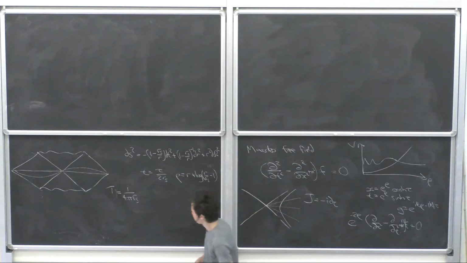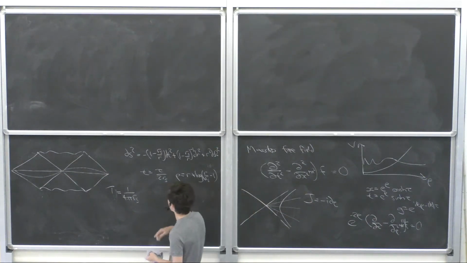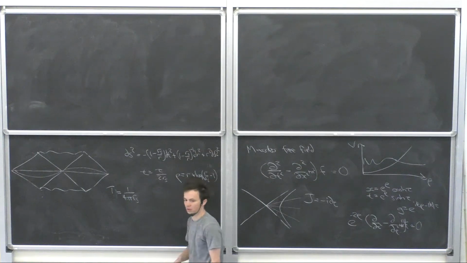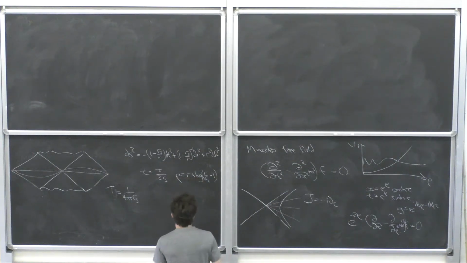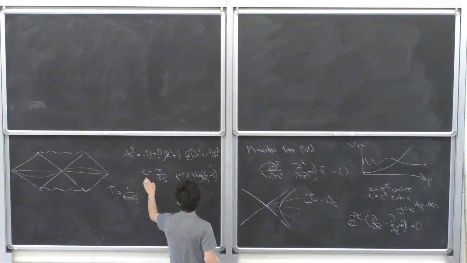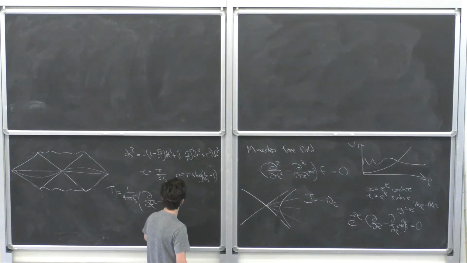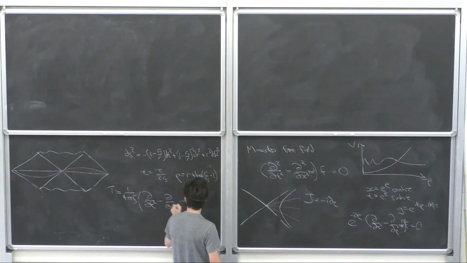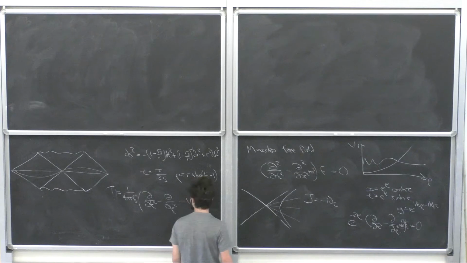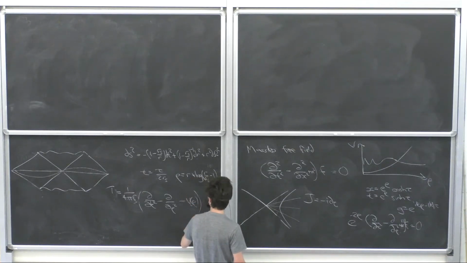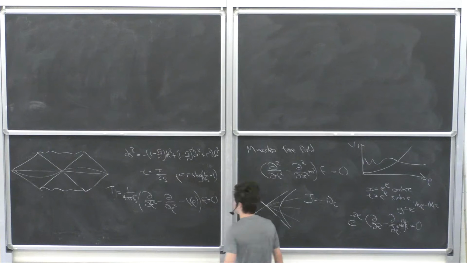If we now take the classical solutions to the Klein-Gordon equation on the Schwarzschild background, then in terms of t and rho, we end up with something like, up to factors out the front that I'm not going to try and get right, d by dt squared minus d by d rho squared, minus some position-dependent potential v of rho that will depend on the angular momentum of the mode, equals 0.